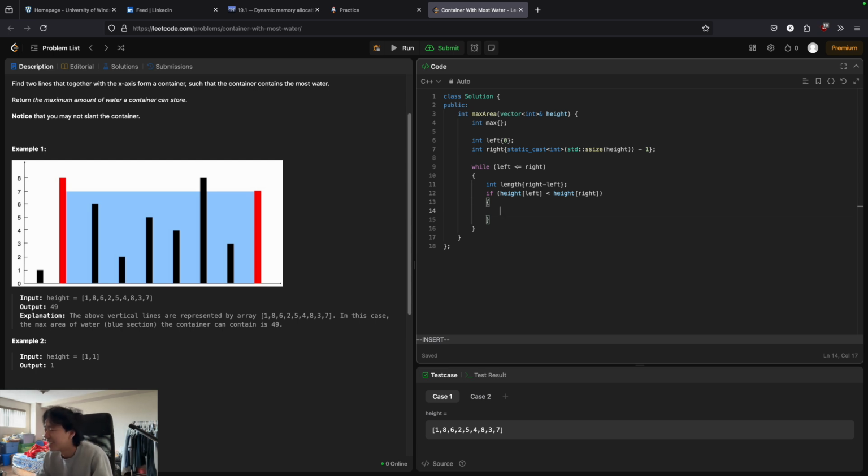Okay, so then if your left, right, left times the length, and then I know what to do. If is greater than max.